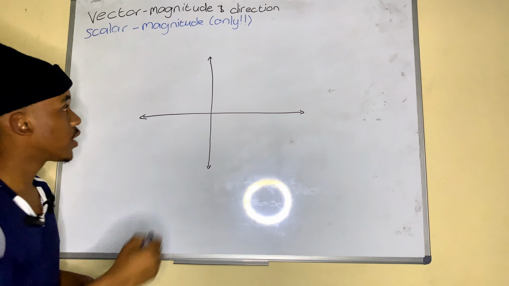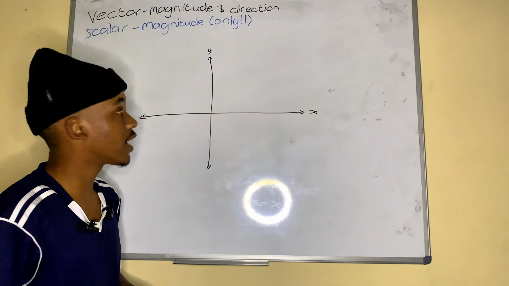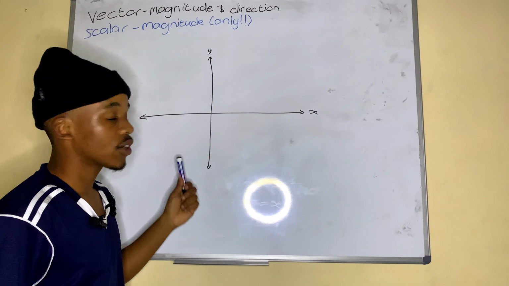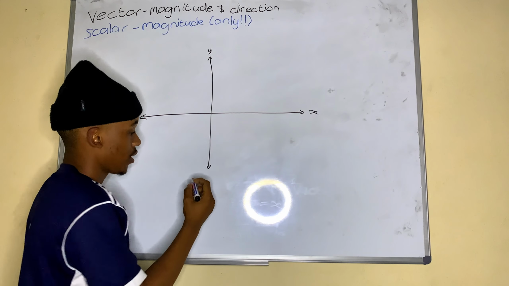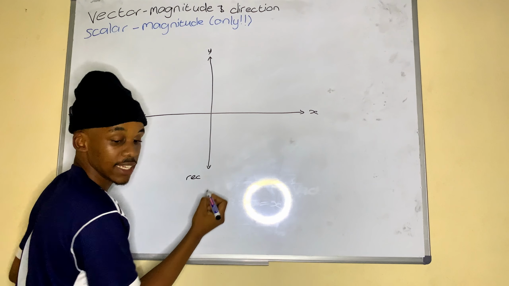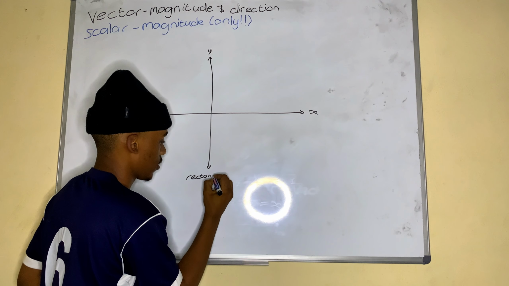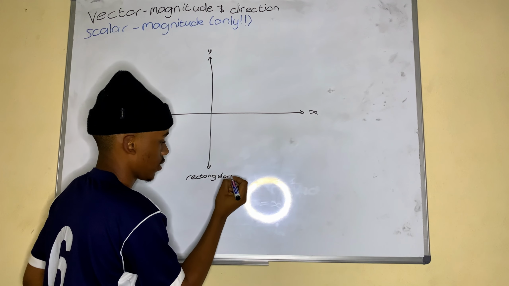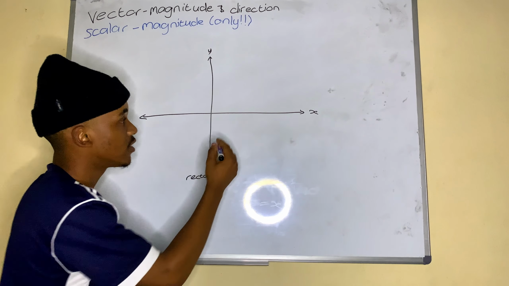Going back to our Cartesian plane, this right here is known as the rectangular plane. And it could have any points that lie on this plane.